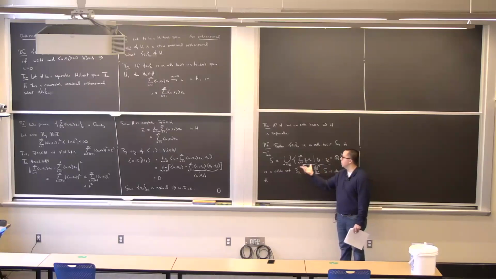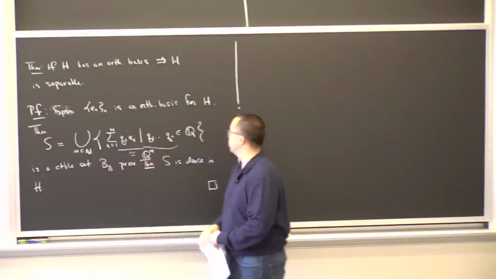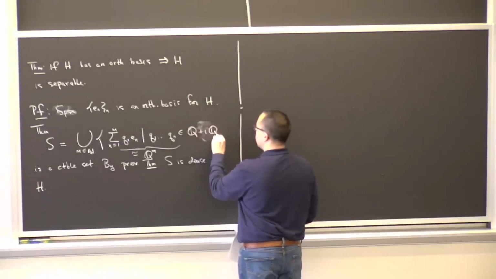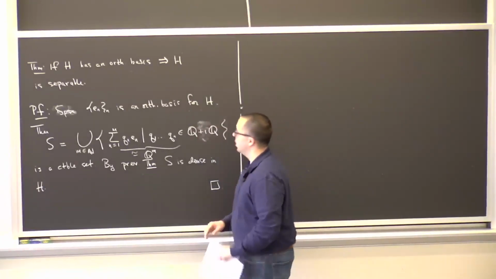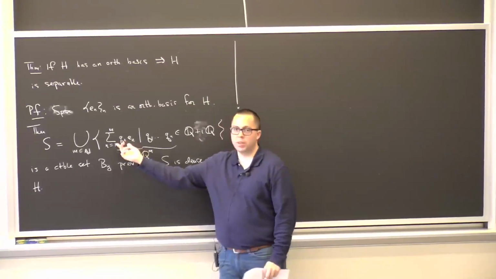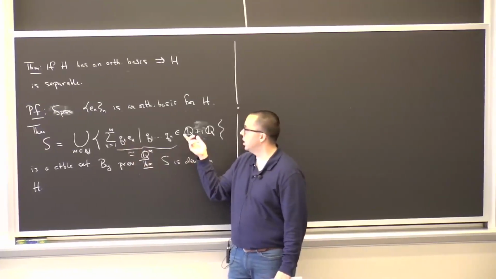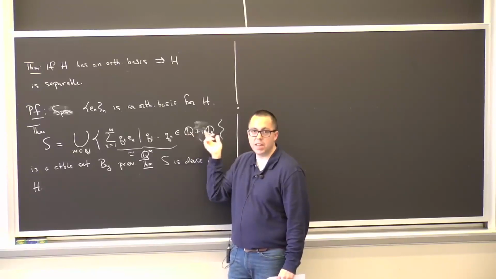Then that finite sum won't be in one of these sets exactly, but it will be a sum from n equals 1 to m of some coefficients times the En's. Now any complex number here can be approximated by a rational number plus i times a rational number.